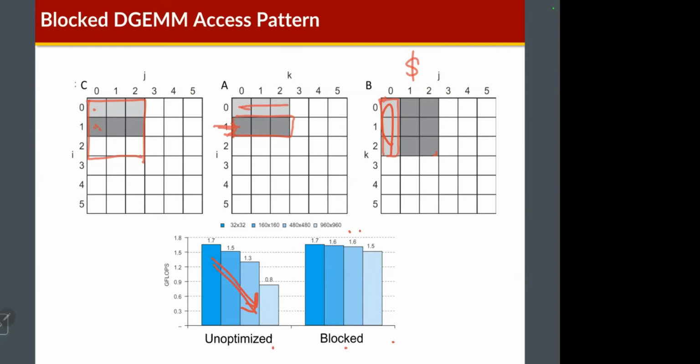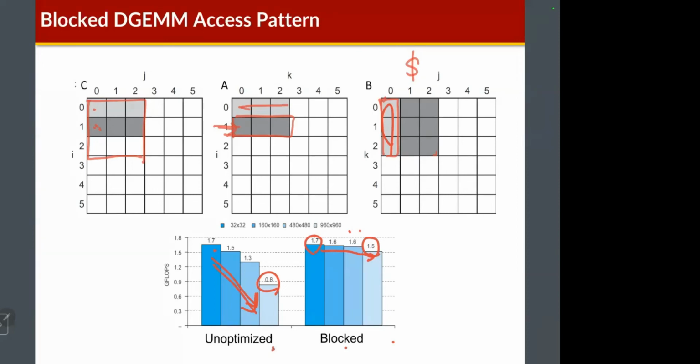But if we use the blocked matrix multiplication algorithm, the performance is actually the same for the 32 by 32 matrix. The performance is degraded slightly, but if we compare the performance of 960 by 960 matrix multiplication, it is about 2 times higher than the unoptimized version.